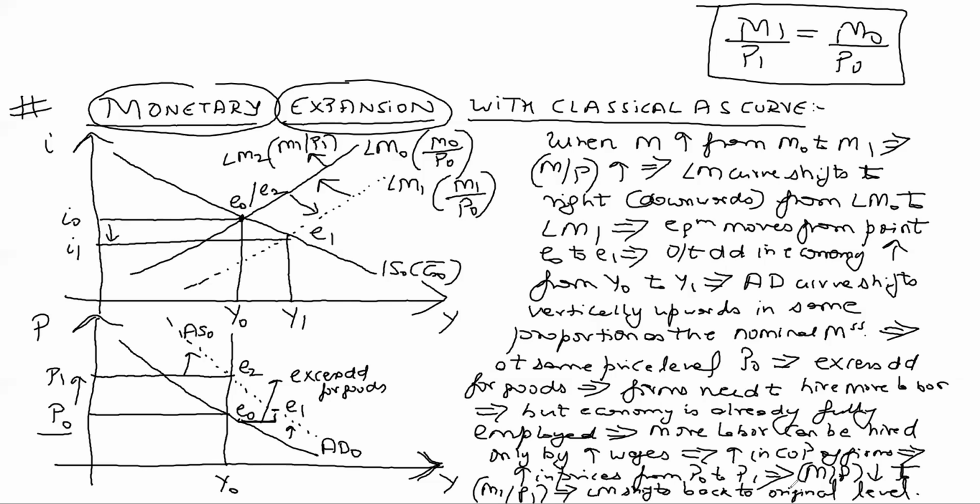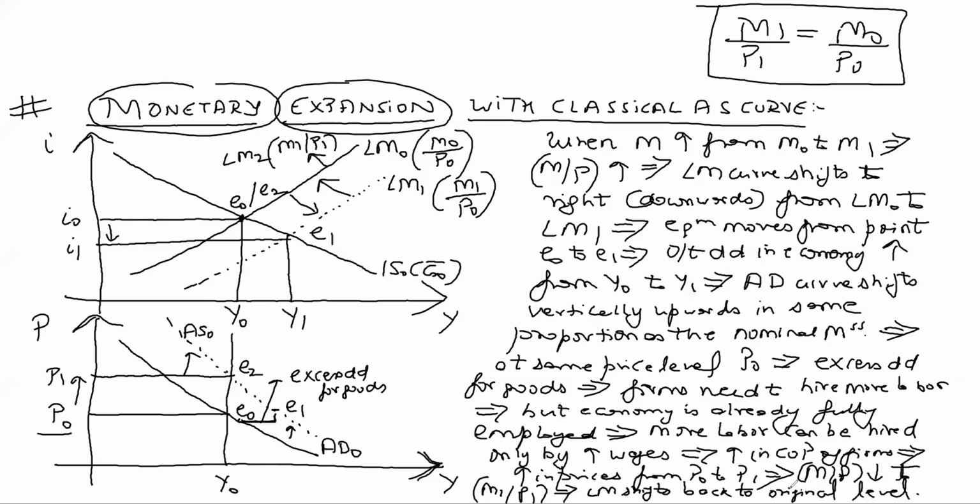So are we able to increase output in the economy? You can see no. LM curve shifts from LM0 to LM1, but eventually because of an increase in prices, it shifts back to LM0. Initially money supply M went up, eventually prices have also gone up, which causes the real money supply to remain the same. So we move from E0 to E1 temporarily, but ultimately the economy will move back from E1 to E2.